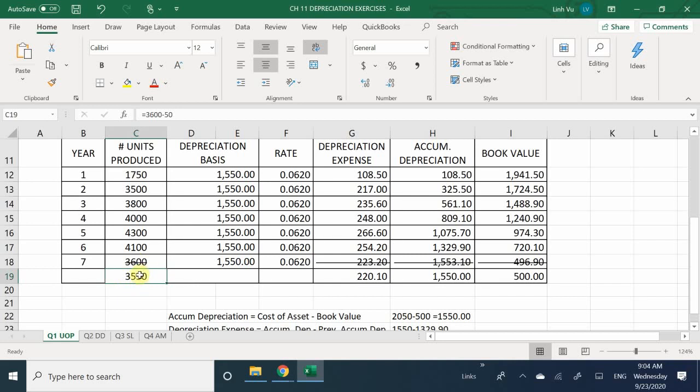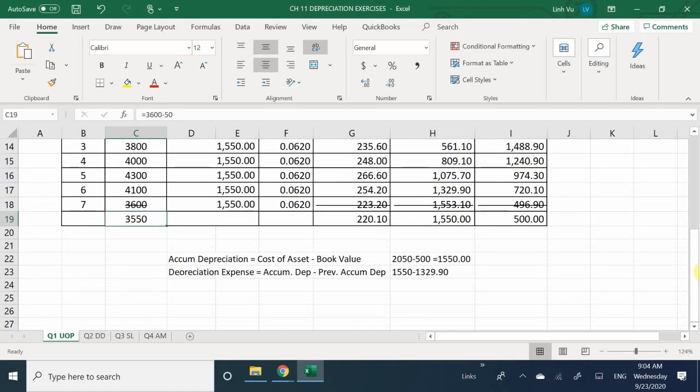Because we had 50 units over. You'd solve for this, and then you would just proceed as usual. You would multiply it by the 0.62, and then you would solve for the accumulated depreciation just the same way as before. Okay?